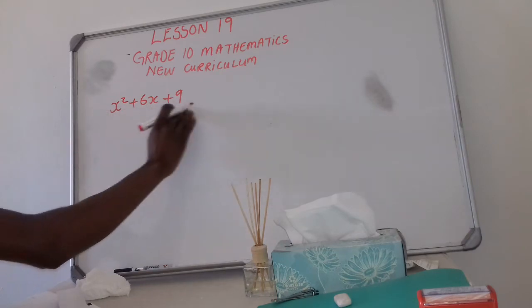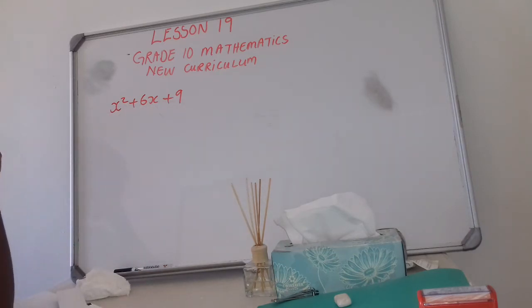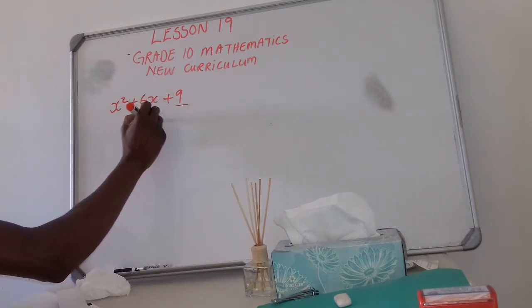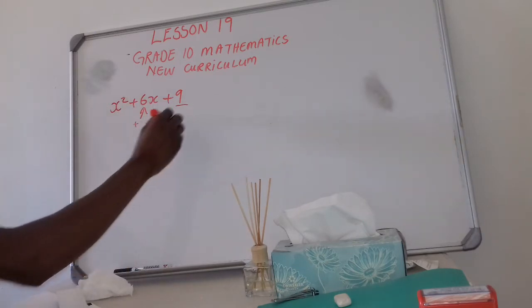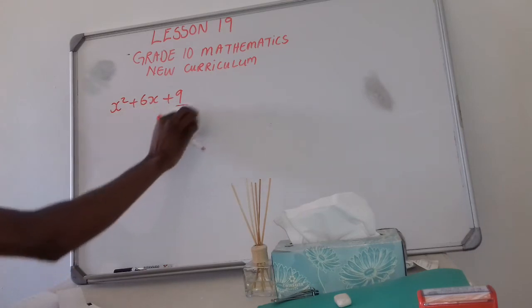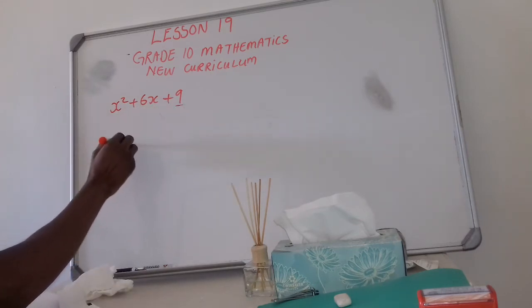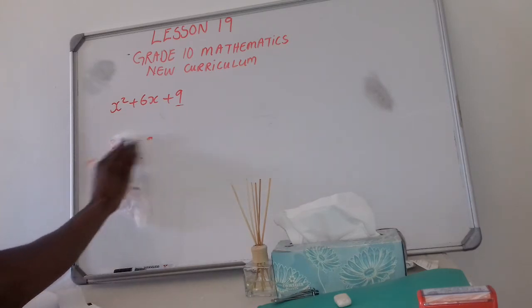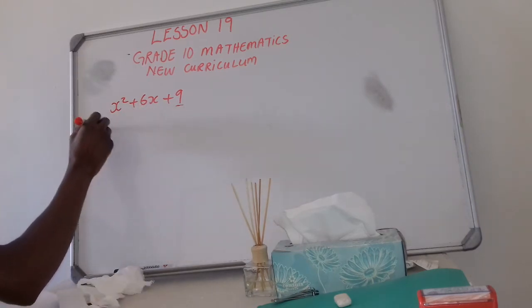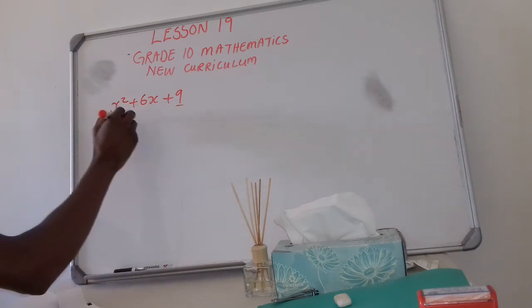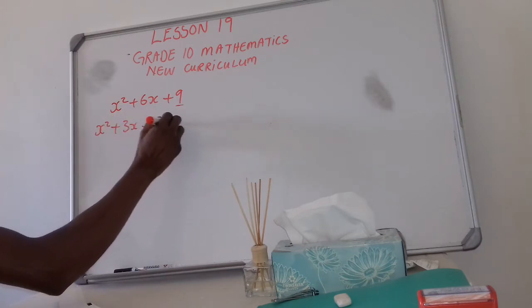You just write this with 4 terms, meaning that you're going to find the factors of 9. If you add them up, they'll give you 6, but if you multiply them, they will give you 9. And those factors are 3 and 3, because 3 times 3 gives you 9, and 3 plus 3 gives you 6. So we are going to replace that 6x by x squared plus 3x plus 3x plus 9.